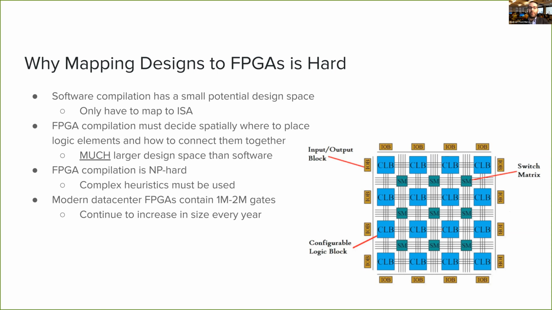However, when you're compiling to an FPGA, you're literally describing how the hardware is connected on your FPGA. So you, or rather your compiler, needs to not only decide how your code converts to the logic, but how to physically place it on the FPGA and how to route all the interconnect together, which is a lot harder than compiling to an ISA. And this problem is exacerbated because our FPGAs are large and they continue to get larger and larger every year.